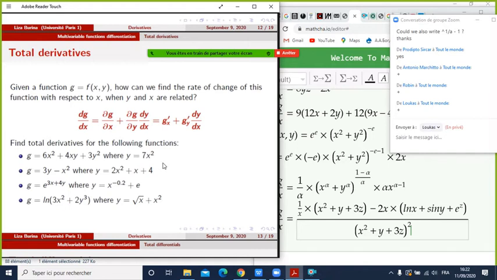Total derivatives allow us to still have some sort of rate of change when one variable changes, but what we have in mind is that this variable can be an argument of a function of another variable. Here, with an example it's better.